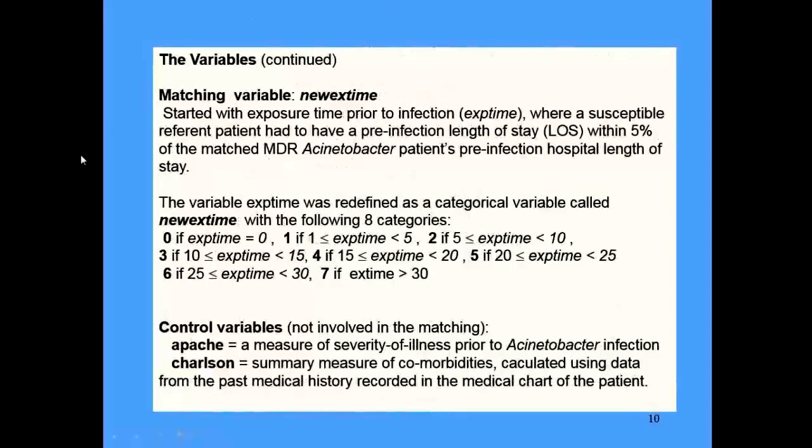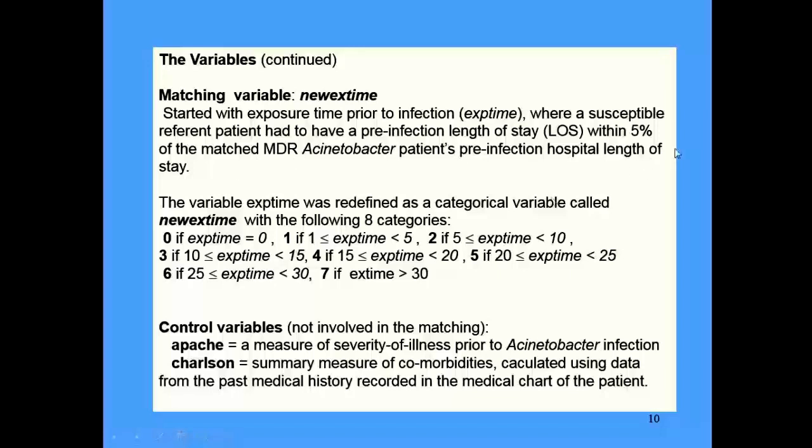Now, remember I said there was matching. Let me explain the matching. It started with the exposure time prior to infection. A susceptible referent patient had to have a pre-infection length of stay within 5% of the matched resistant patient's pre-infection hospital length of stay.